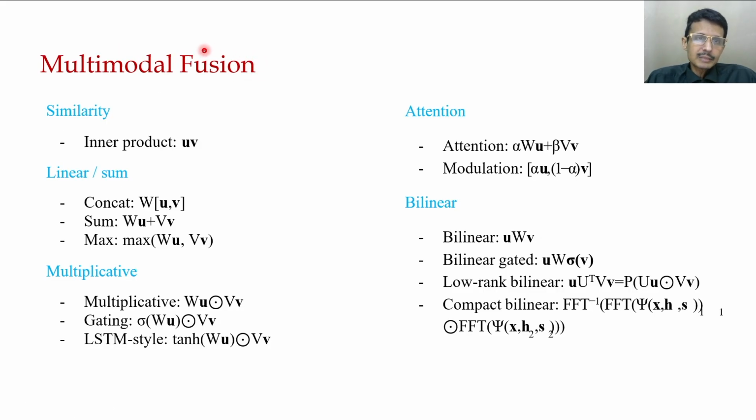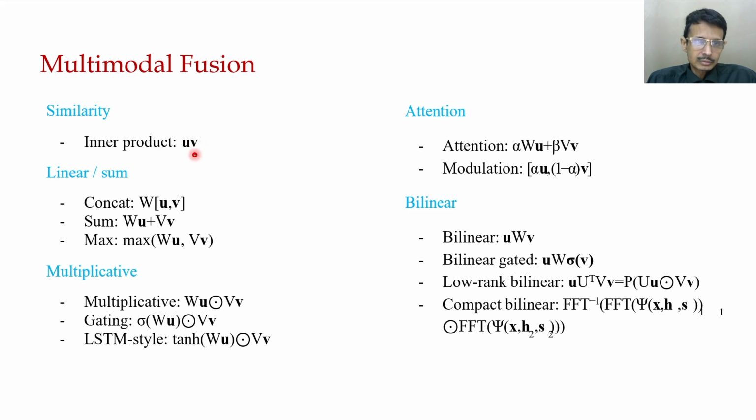Now, important is multimodal fusion. There are different ways to fuse two modalities. If it is similar, we just take the inner product, where U is coming from one modality, say text, and V is some sort of vision or image model.